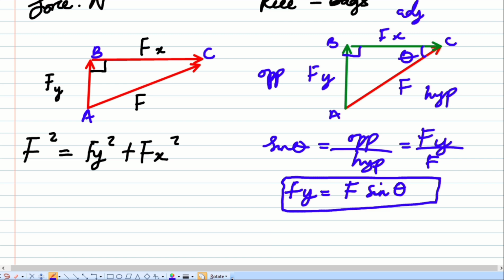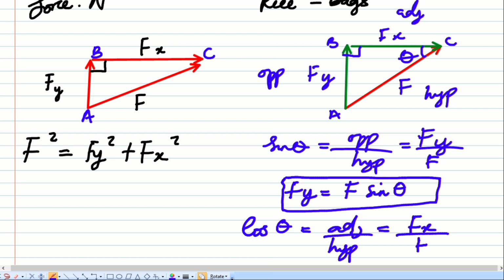While Fx is adjacent and F is hypotenuse, so we are going to use cosine. So we're going to say cosine of theta will be adjacent over the hypotenuse. The adjacent is Fx, while the hypotenuse is F. So when we cross multiply, I'm going to write somewhere here, see that we're going to have Fx equal to F cosine theta.